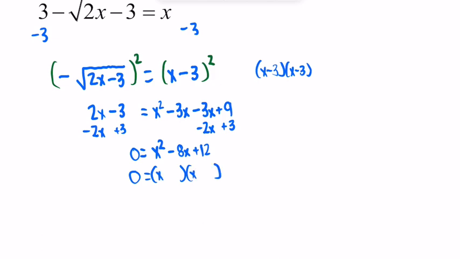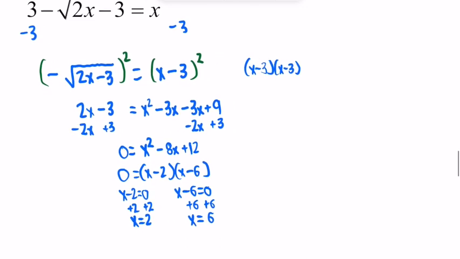To multiply to be a positive 12 and add up to negative 8, we could use a negative 2 and a negative 6. Splitting it up into small equations, we have x minus 2 equals 0, x minus 6 equals 0. Add 2 to both sides of the first one, and we have x equals 2. Add 6 to both sides of the second one, and we have x is equal to 6.